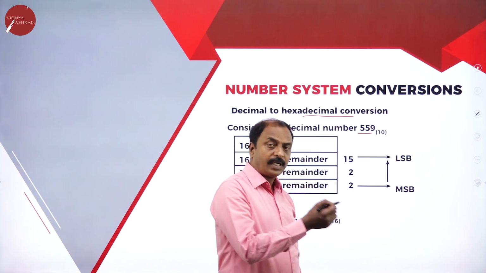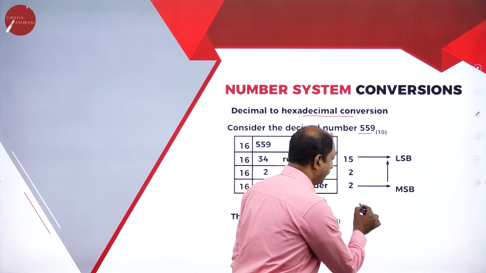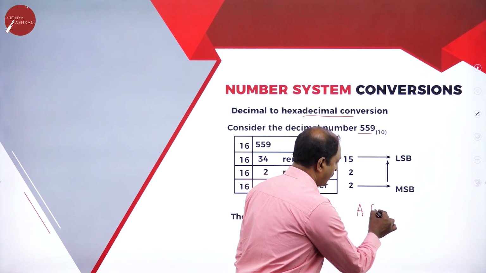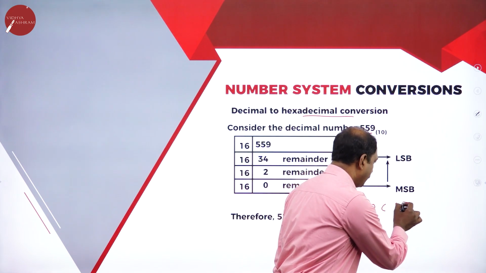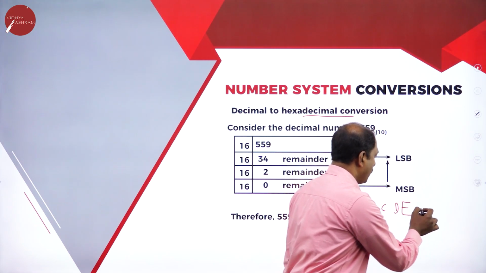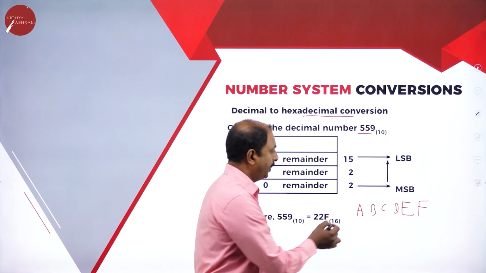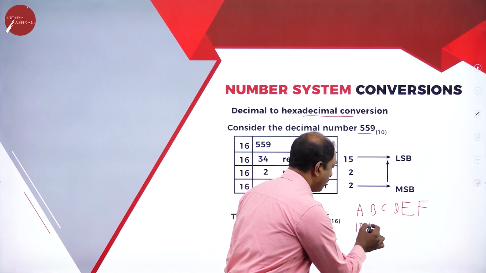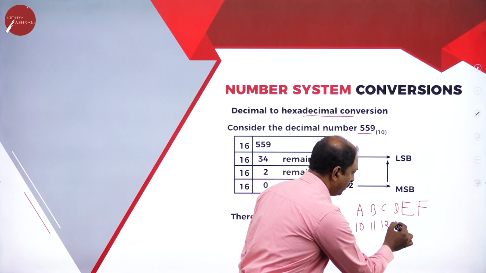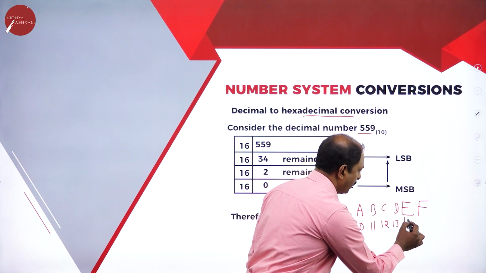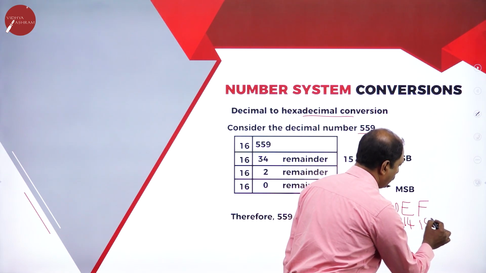As you have seen in the hexadecimal number system, after 9 we have the letters A, B, C, D, E and F. These are equivalent to 10, 11, 12, 13, 14 and 15.